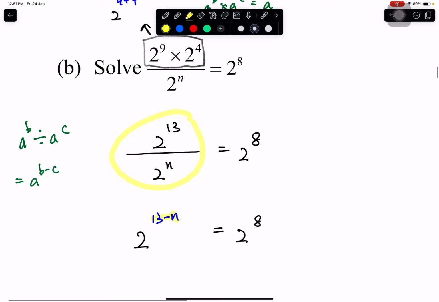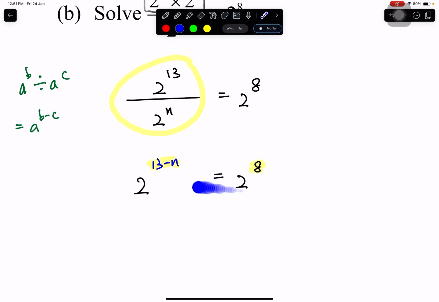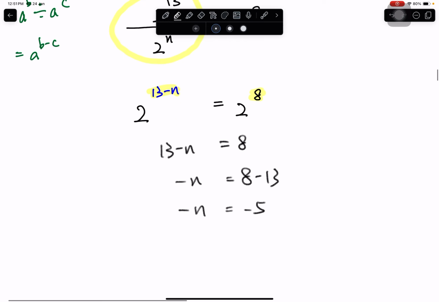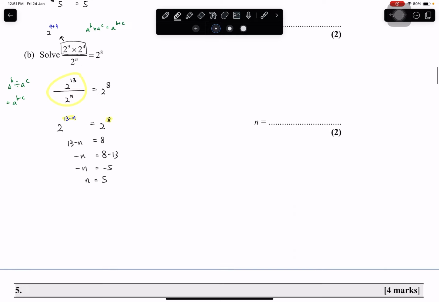This will equal this, as they have the same base at the bottom. Nothing changed. So you're going to have 13 minus n equals 8. So negative n equals 8 minus 13. Negative n equals negative 5. n will equal 5 because both sides times minus 1.